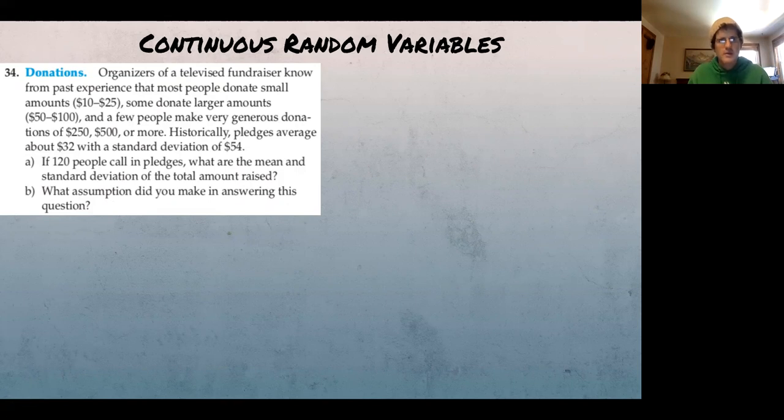What assumption did we make in answering this? Well, let's answer part A first of all. So we've got 120 pledges coming in. We could answer the first part, the expected value. So this is a continuous variable, right? The expected value of this continuous variable is $32. So if we get 120 pledges, how much money do we think we're going to get on average?